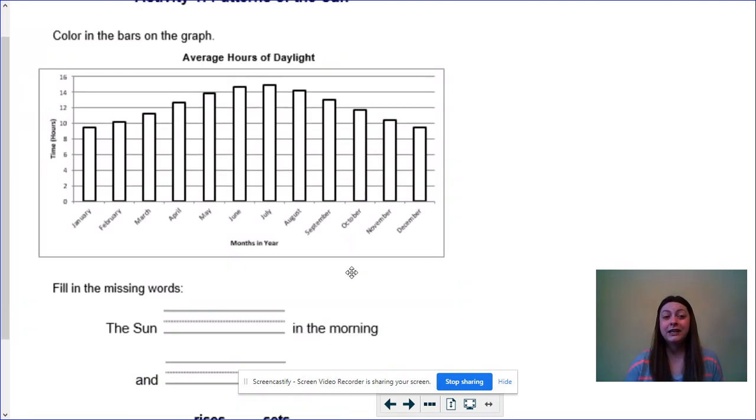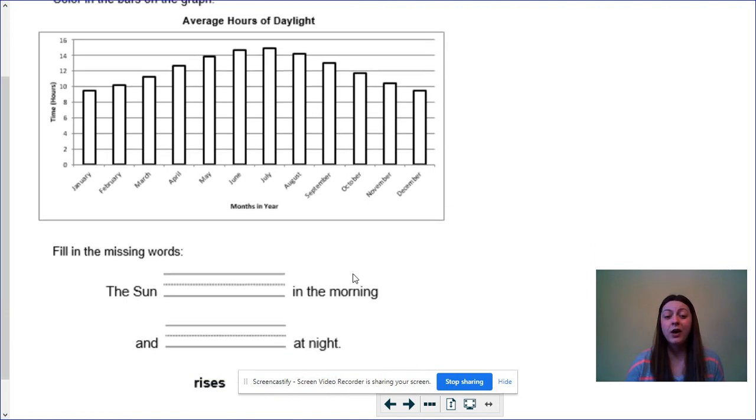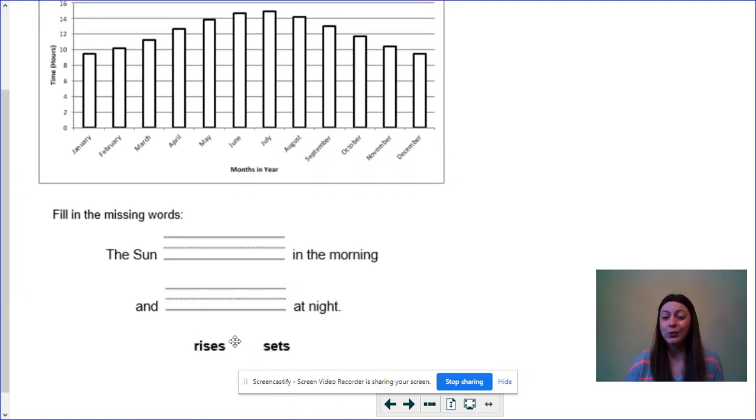After you fill in the bars on the graph, I want you to look at these two words, rises and sets. I want you to think about the sun, in the morning and at night.